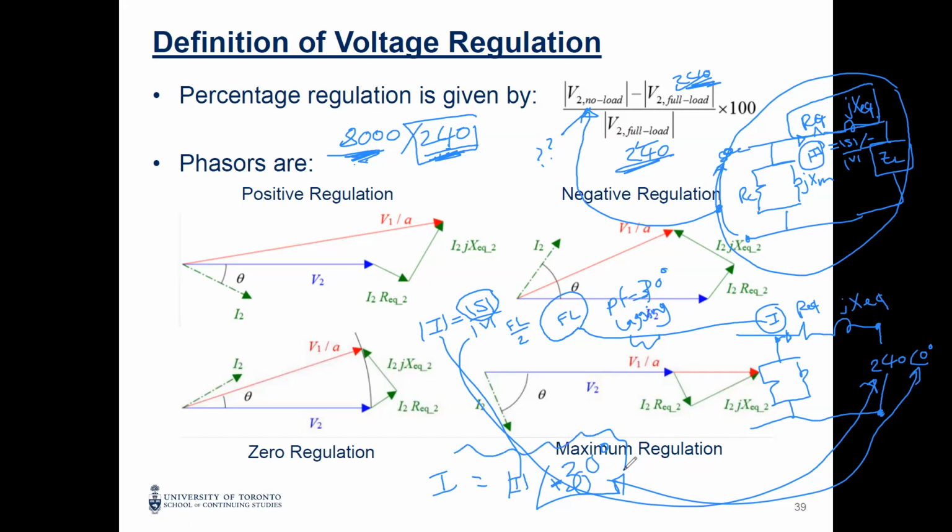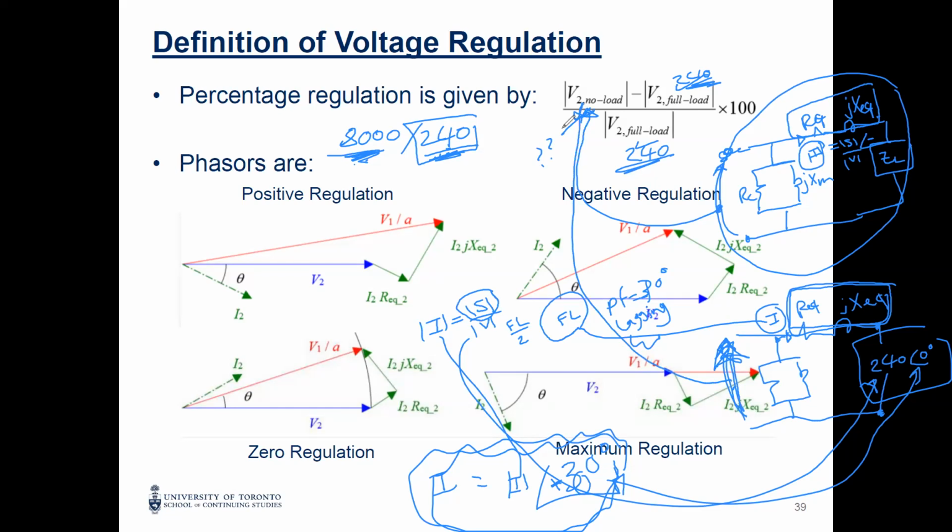After you have the current, you can multiply this current times this impedance, R plus jX, plus this voltage, and you know this voltage. Very simple circuit. After you have this voltage, you will use it for the no load voltage here as a magnitude.